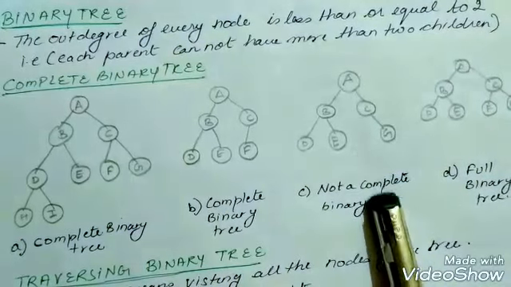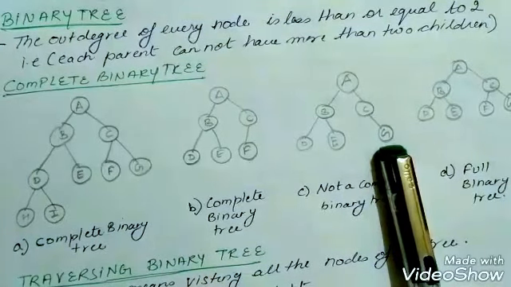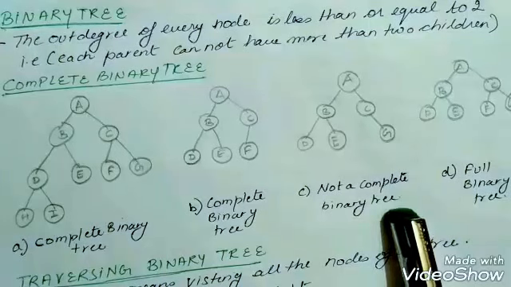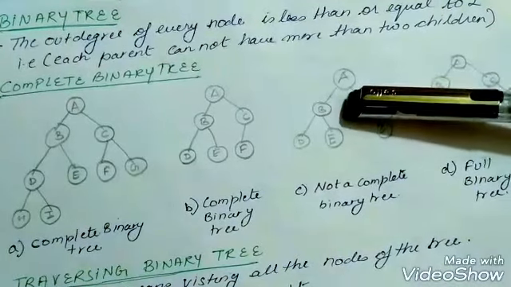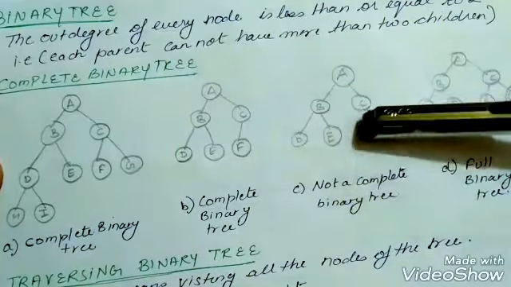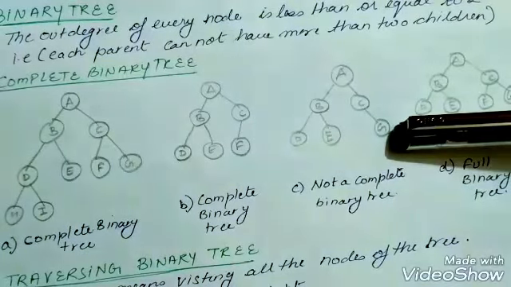But here C has a child G, and it is not a complete binary tree. This is because whenever we try to make a balanced tree, we first fill the left hand side of the node and after that we fill the right hand side.